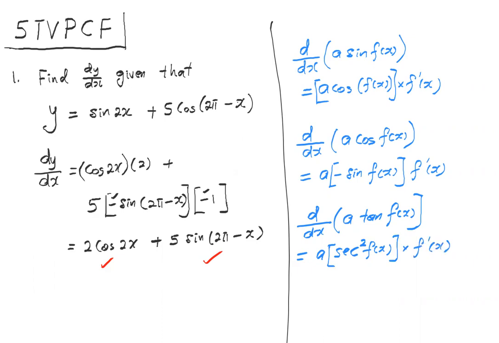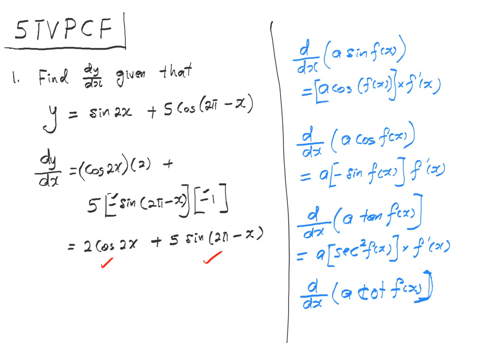Am I right? And yesterday, I gave you one more, or maybe to the other class, I can't remember. If I differentiate cotangent f(x), this cotangent means what? 1 over tangent, correct?